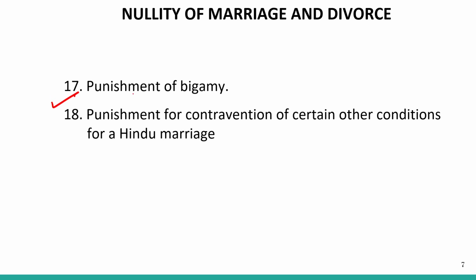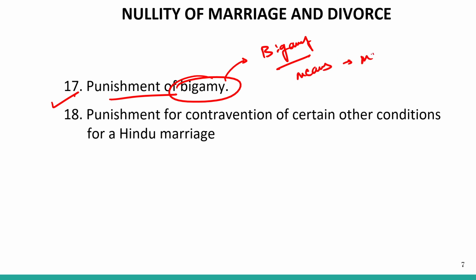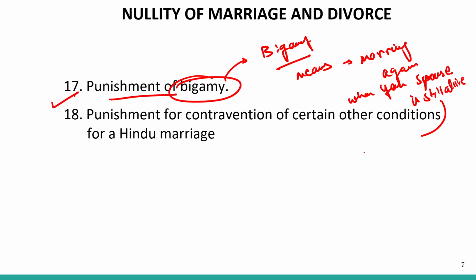Then apart from that, we are going to study what is punishment for bigamy. Bigamy means marrying again when your spouse is still alive or you are still married.